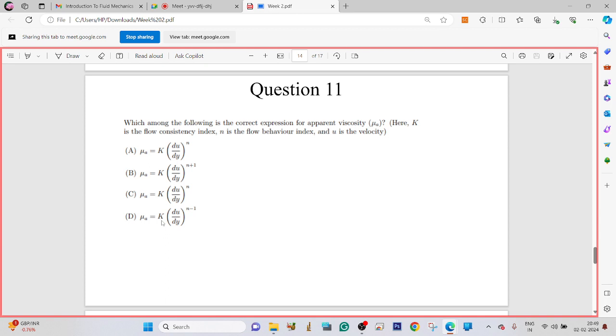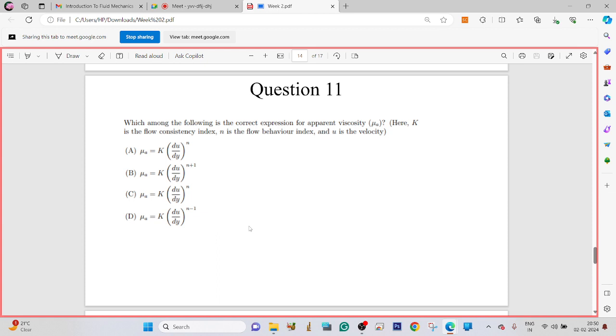So shear stress is equal to K into (du upon dy) whole to the power n. From this formula, how can we find out the apparent viscosity? Tell me. B, ma'am. D. Let me check. Yeah, that's correct.